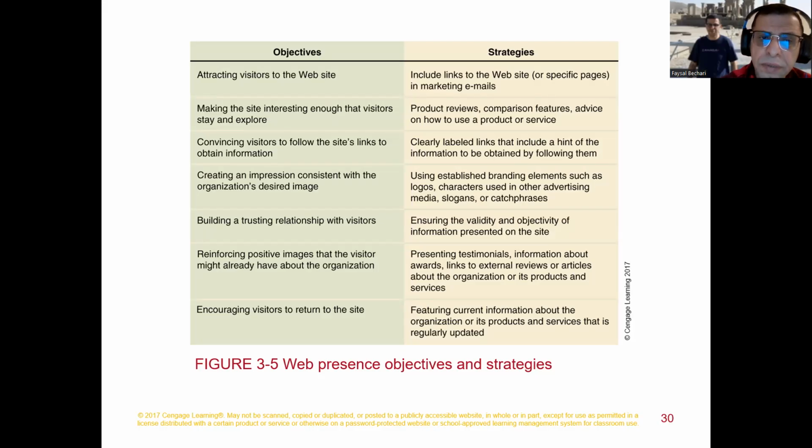Your objective might be making the site interesting enough that visitors stay and explore. It could be product reviews, comparisons, advice on how to use the product. Go through these web presence objectives and strategies and start building your own objectives and strategies of how to reach these objectives too.